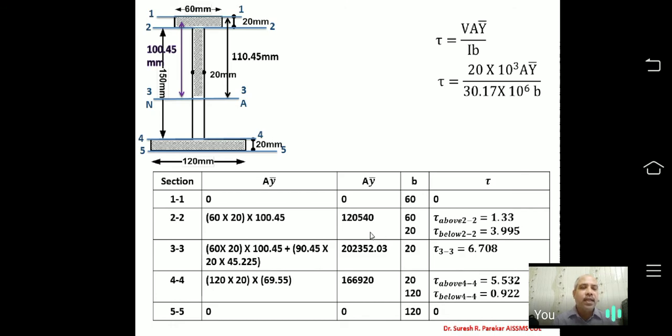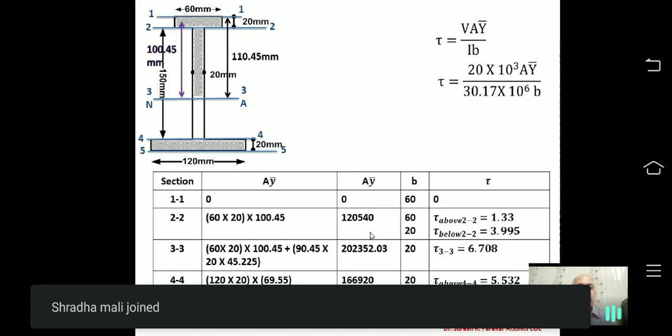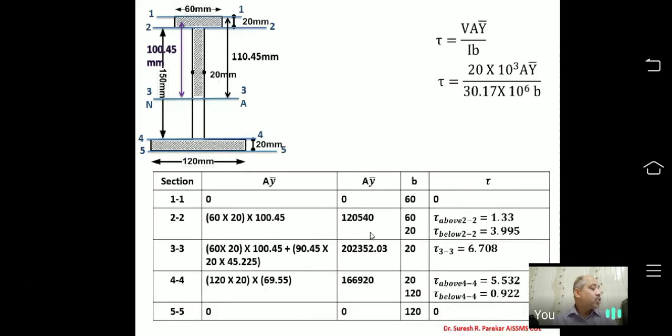That value we have, that is 69.55 millimeters, and I will get A y bar 166920, and tau 44 we will get 5.532, and tau just above and just below, 0.922, and at 5 5 we have already seen 0, and then we have to plot it.